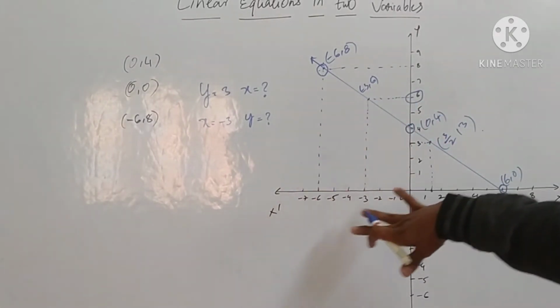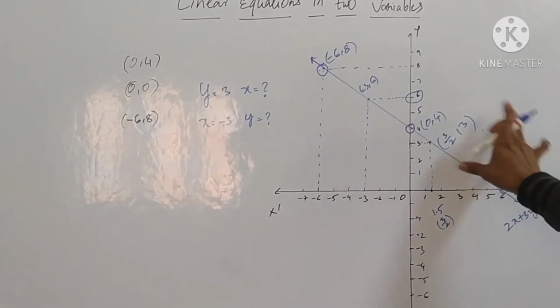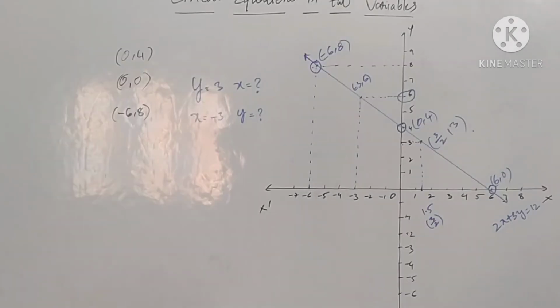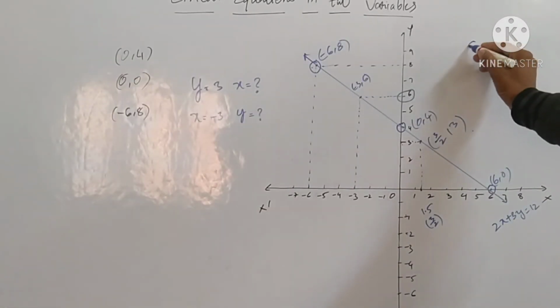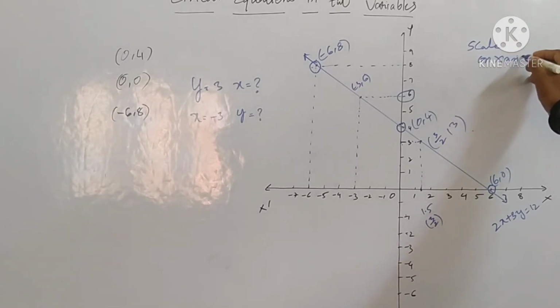This is the way we can find any coordinate solutions from the graph. This is the procedure. Here the scale is: on the x-axis 1 centimeter is equal to 1 unit, and on the y-axis 1 centimeter is also 1 unit.